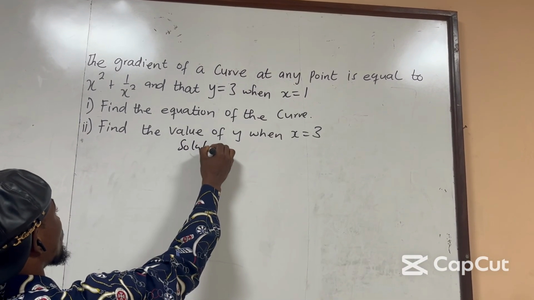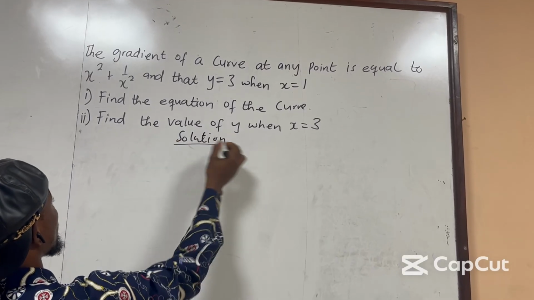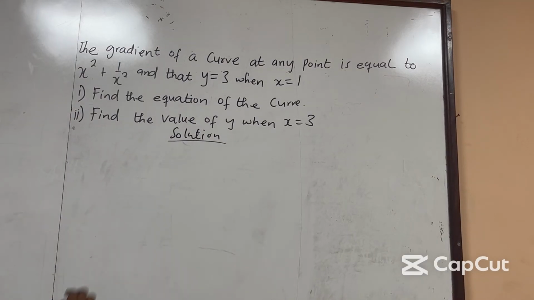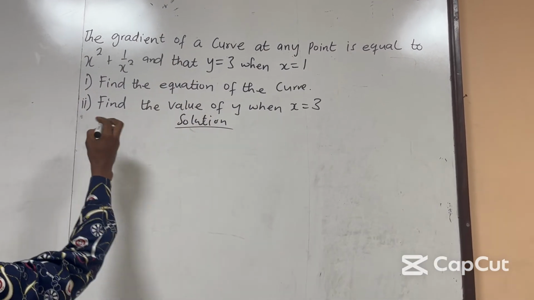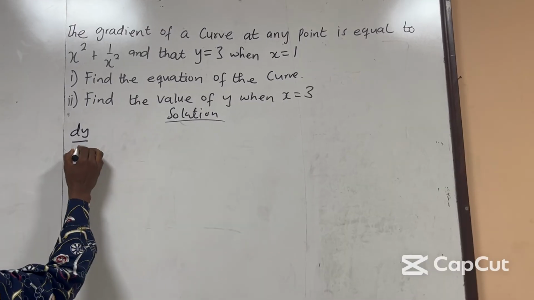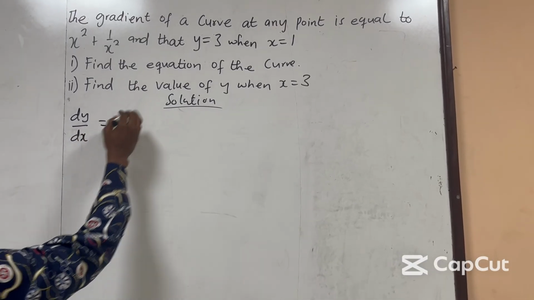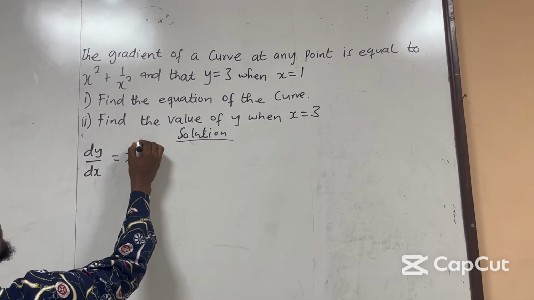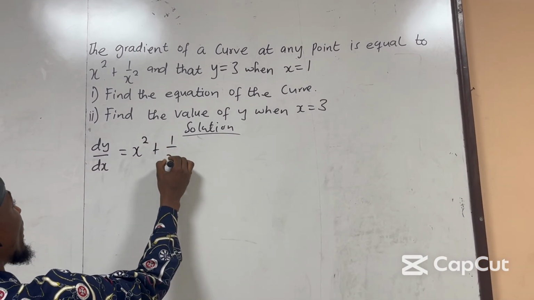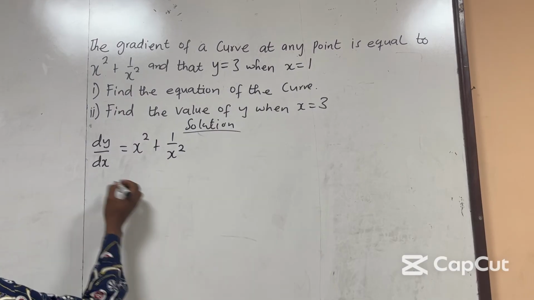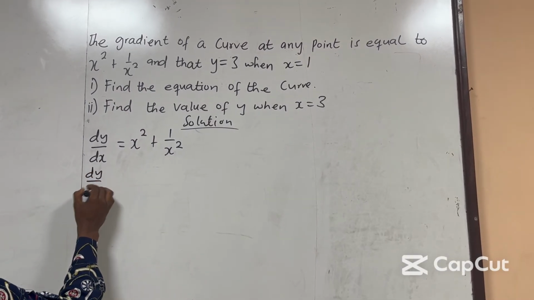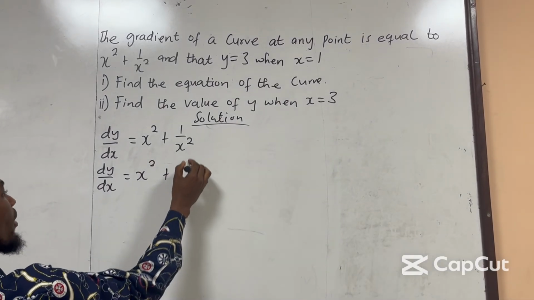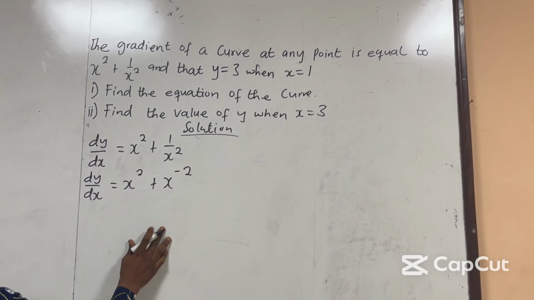So in order to solve this puzzle, let's look at something. The gradient is given by dy over dx, which is equal to x squared plus 1 over x squared, and this is the same as dy over dx is equal to x squared plus x to the power negative 2.